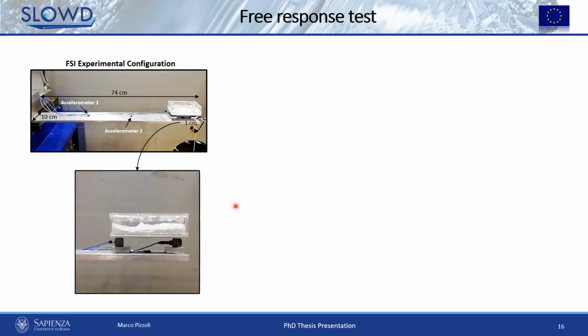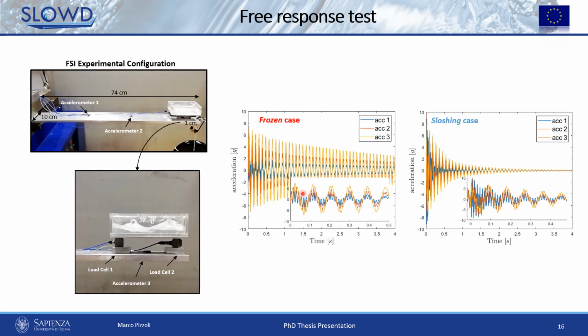And on the right, we have the time trends of the accelerations measured with the accelerometers appropriately placed on the beam, and in particular the comparison between the so-called frozen case on the left, in which the liquid is not free to move, and the case with active sloshing on the right.